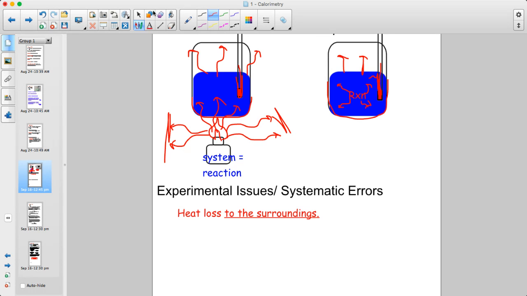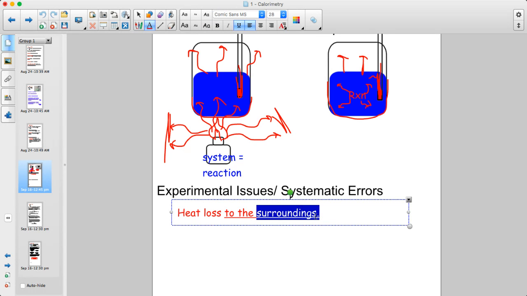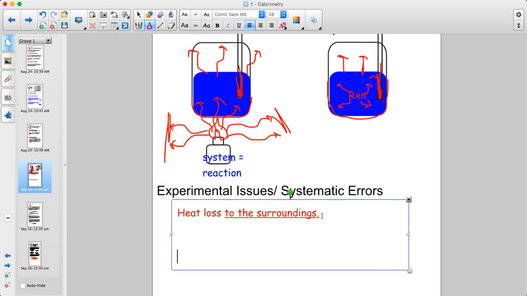A couple other ones just to be aware of while we're making a list is, in the case of these combustion ones, incomplete combustion. So a lot of times if you're burning a fuel, if it's not in a nice efficient setup like a Bunsen burner that really mixes in a lot of oxygen, it's very common that not all of the fuel undergoes complete combustion. That means you're making some carbon monoxide or some smoke or some soot with this carbon solid, and that means less energy is released.